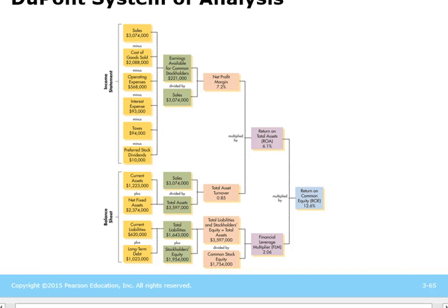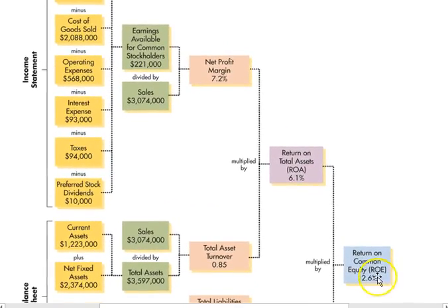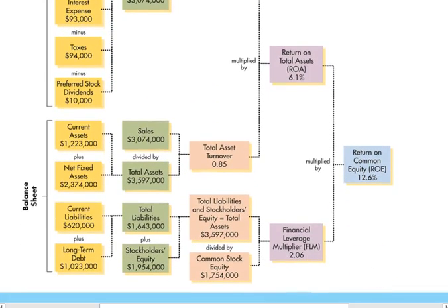All right. This is sort of the end result. So let me make this bigger here. If we want to look at return on equity, this is my return on investment. If my return on investment is going lower and I want to know why, there are only two big reasons my return on equity can be lower.